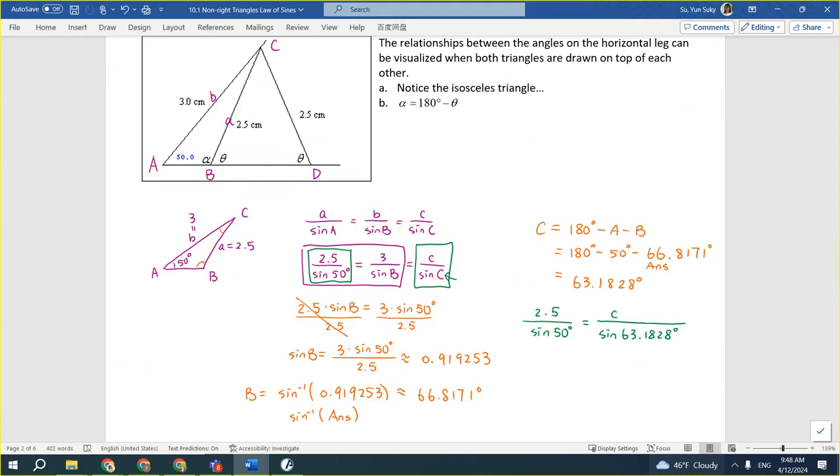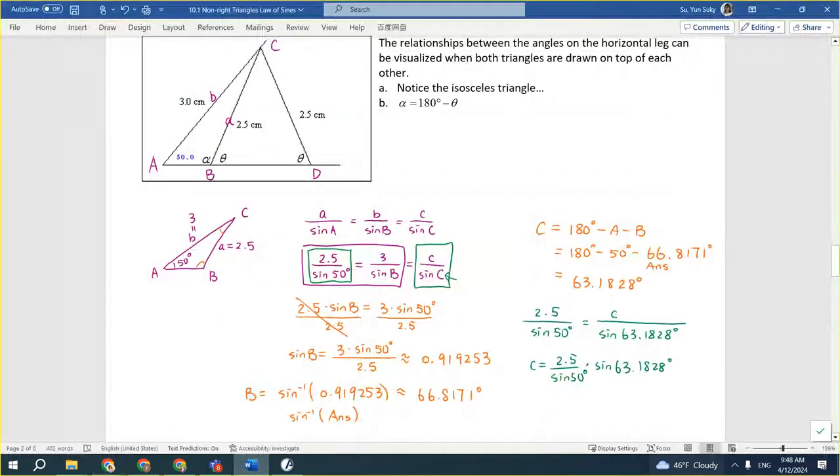After we find the angle C, we can then use this block. Of both of them, we know the information, and in this one, we know one piece of information. So we can find the other one. All right, so what is side C? Your left-hand side, and you multiply by the sine of 63.1828 on both sides.